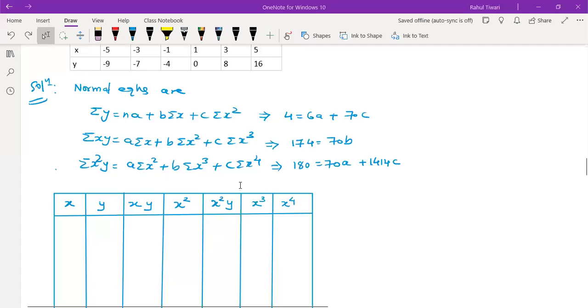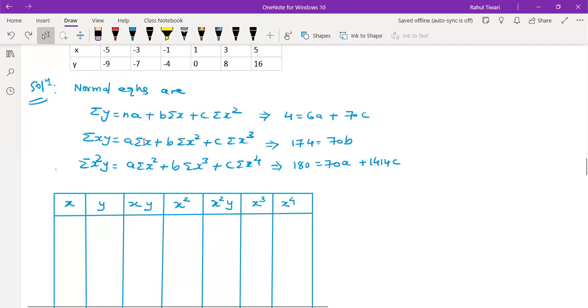See how to decide the terms. The terms are based on your normal equation. Look at which terms are in the normal equation, and on that basis you can find the coefficients. So when you create the normal equation, to calculate the value of ABC, what terms are required here?